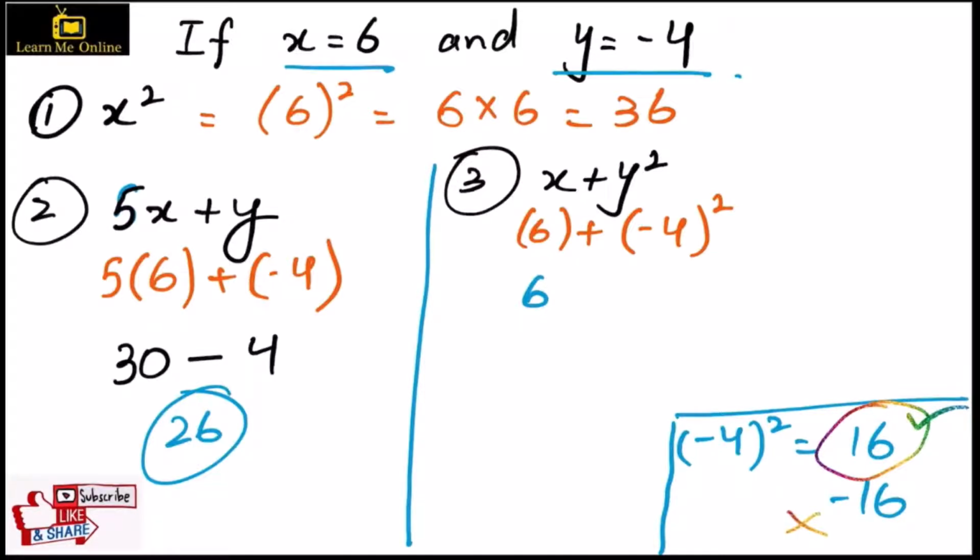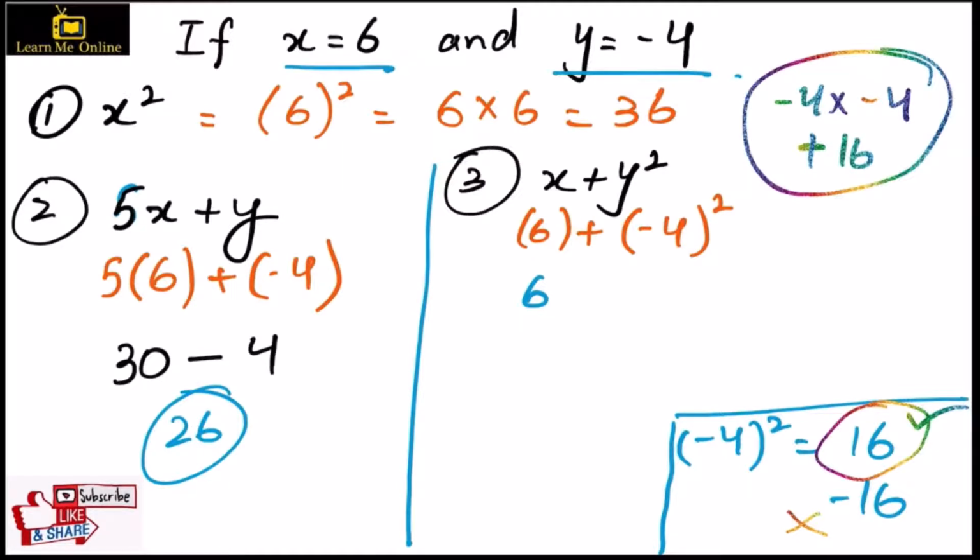The reason is that if we have minus 4 squared, it means we multiply minus 4 with minus 4. When you multiply negative and negative, you come out with a positive, and 4 times 4 is 16. So you'll have a plus 16 then. So the simplification of minus 4 squared would be plus 16. Adding 6 with 16 would give 22.